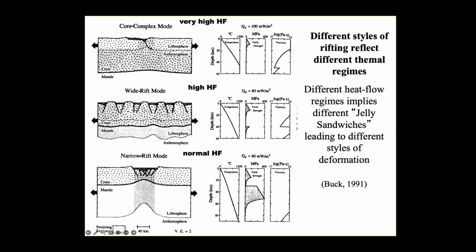Here it takes you 90 some kilometers to get to that. So that strength profile is going to look like that for this region, and that rift is going to be very localized, a narrow rift. In contrast, something with very high heat flow is going to have almost no strength, so it's easy to pull it apart. You're going to have a very wide rift. It's showing a core complex. So these different heat flow regimes imply different jelly sandwiches that lead to very different styles of deformation.